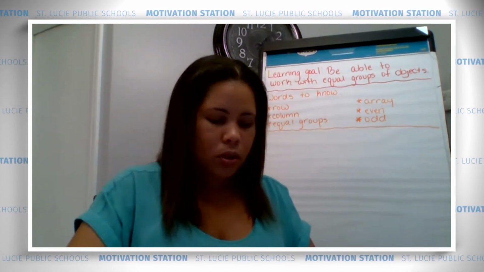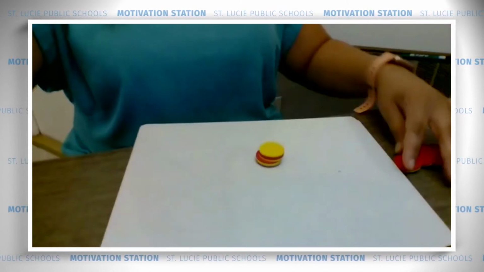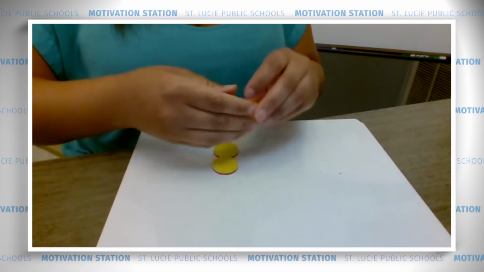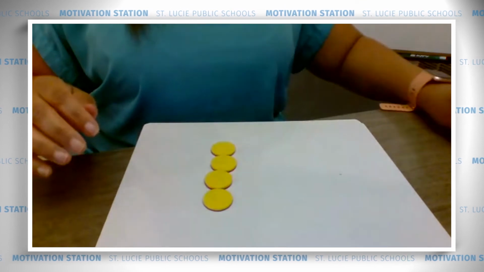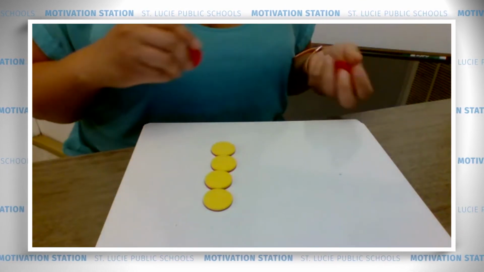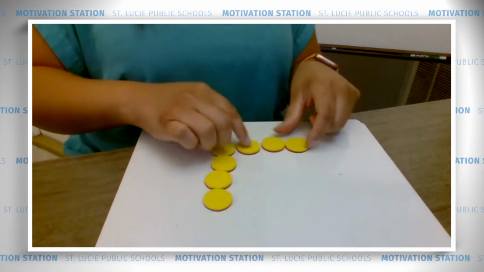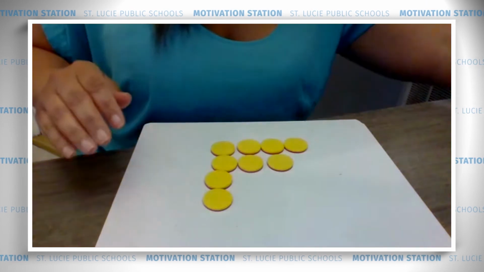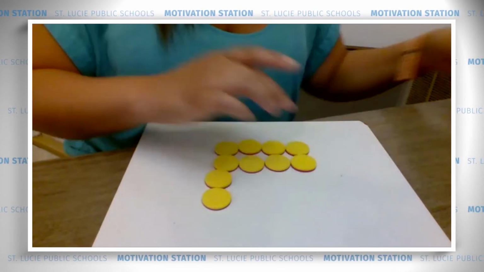I will use our counters to represent our crayons. So we have 4 rows, 1, 2, 3, 4. And in each row, there are 4 crayons. 1, 2, 3, 4. 1, 2, 3, 4.